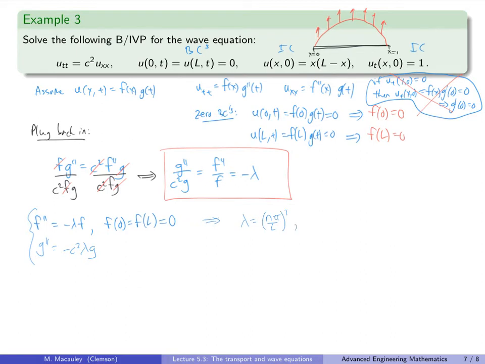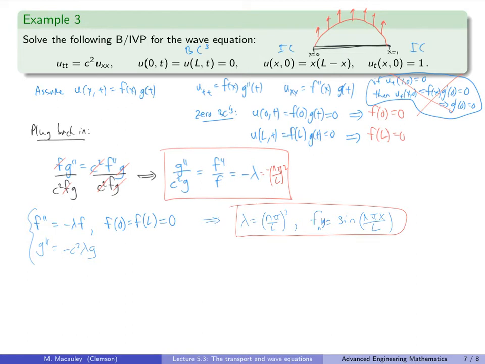We know that F_n equals sine of n pi x over L. So let me box that. So negative lambda here, if you prefer, is negative (n pi over L) squared.